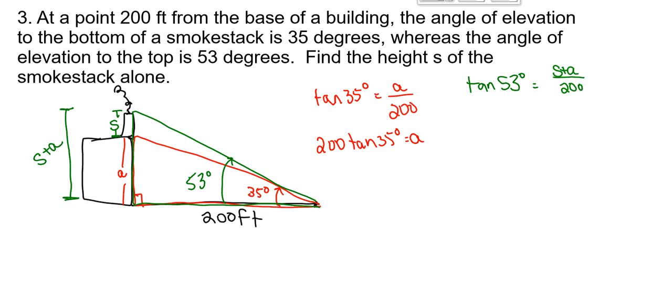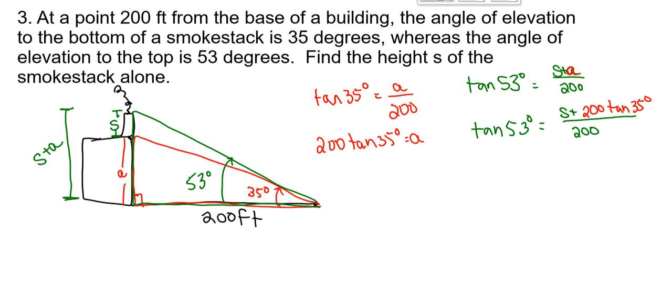And then over here, I'm going to say, okay, so tangent 53 degrees is equal to S plus that stuff over 200. So in place of A here, I'm going to put the 200 tangent 35 degrees. And then I'm just going to solve all this and see what I get.